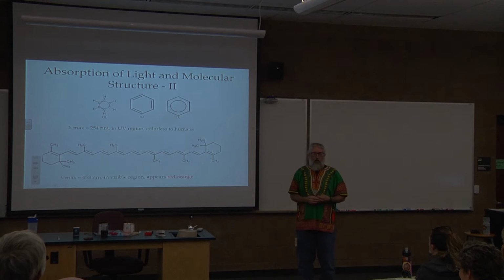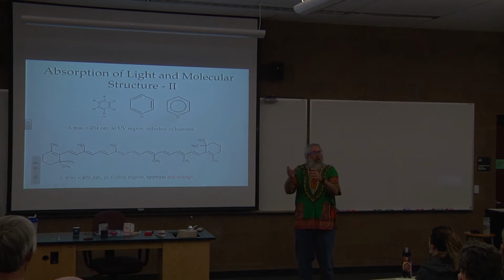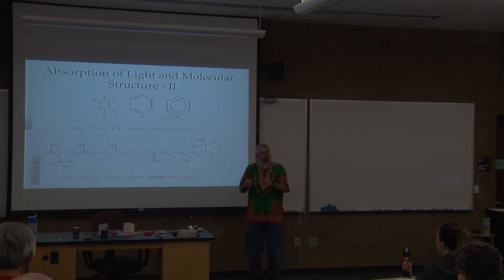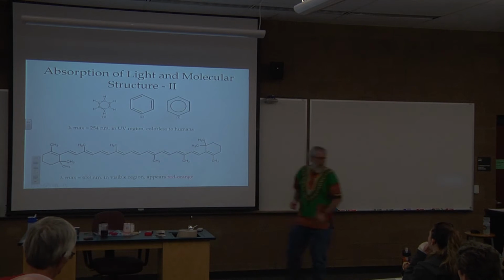So here's the quiz. Where is that wavelength in the electromagnetic radiation spectrum? Yeah, in the blue-violet area. And because it absorbs that light, we see the opposite on a color wheel, for example.